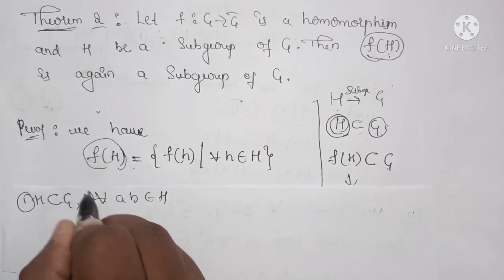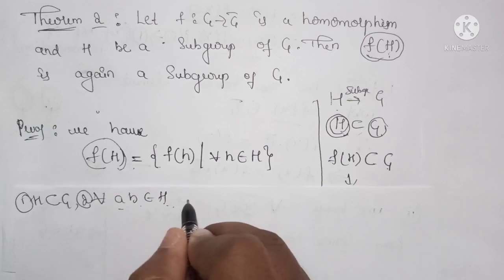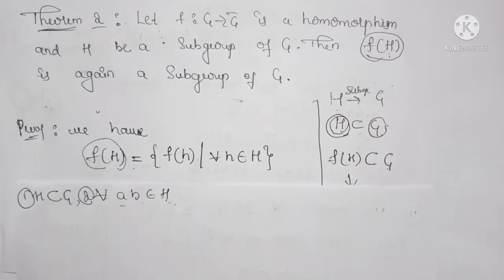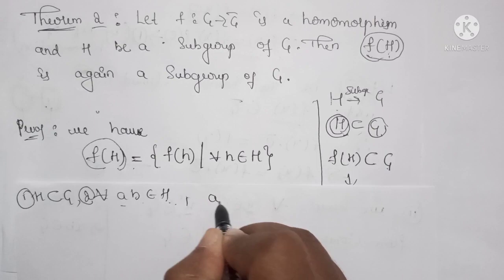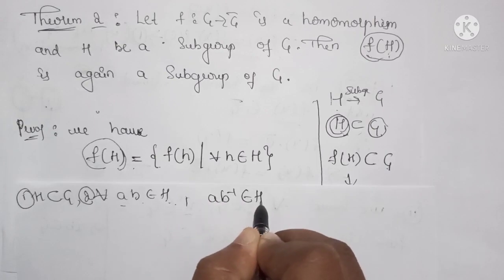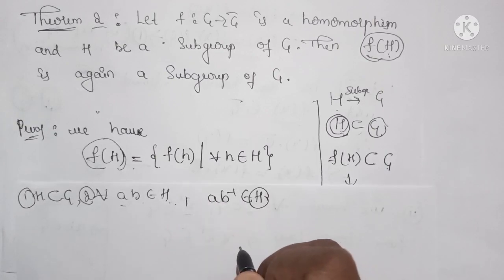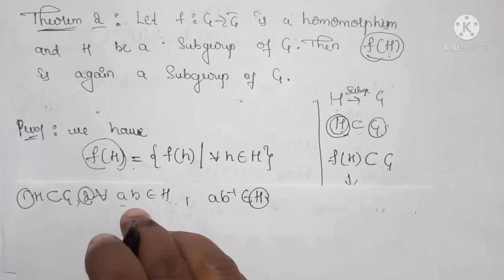Then the second condition is, for all a, b belongs to H, a b inverse must also belong to H. Then only we say that H is a subgroup of this G.